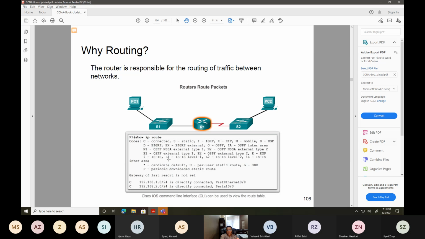If that router doesn't know, it sends it to some other router, and so on. So it gets hop to hop to hop in order to get to the destination. That's how this whole internet is built. Even if you don't know, do not drop the packet, because the router is the deciding factor in making sure your packet from source to destination gets to the destination and doesn't get dropped in between. Otherwise, the whole internet would be collapsing.